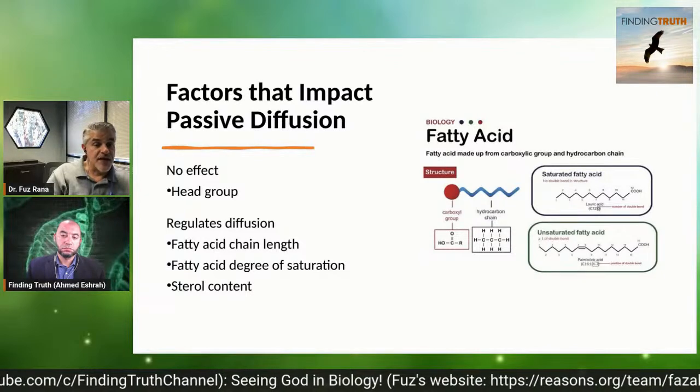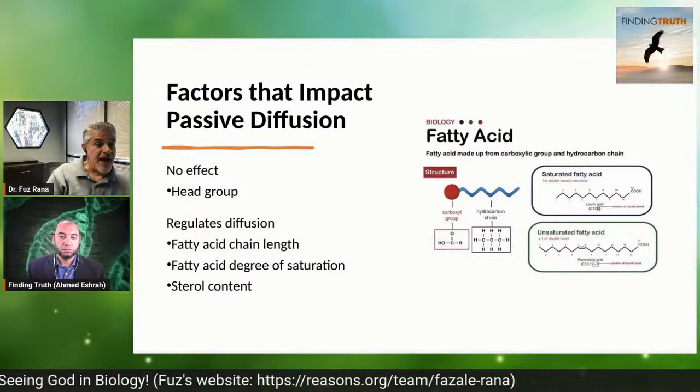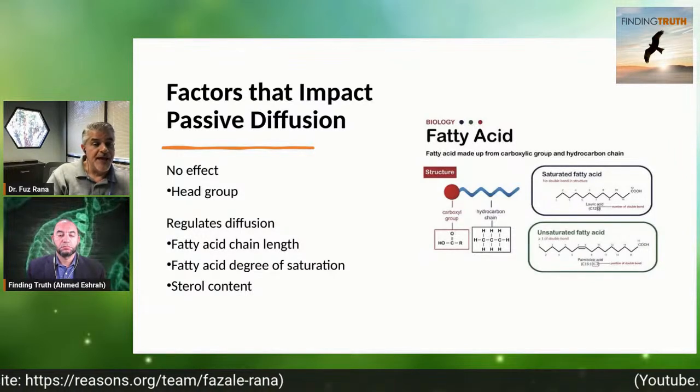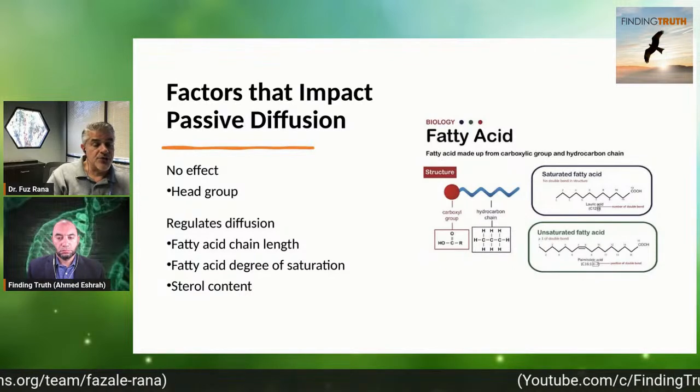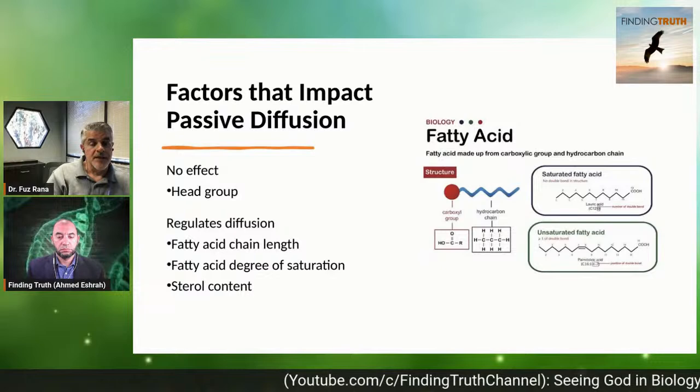And what they discovered is that this actually depends upon, again, the fatty acid composition, the chain length, the degree of saturation, and the steroid or the sterol content, the cholesterol content.